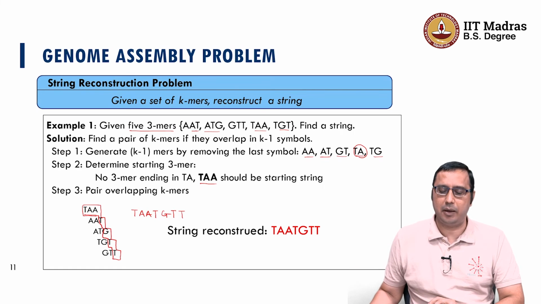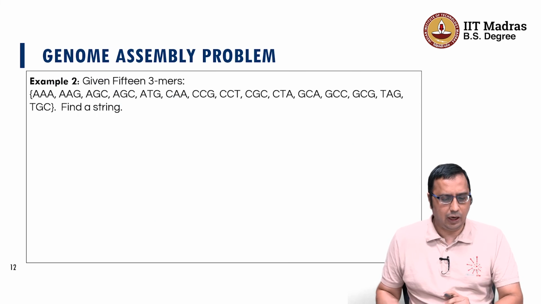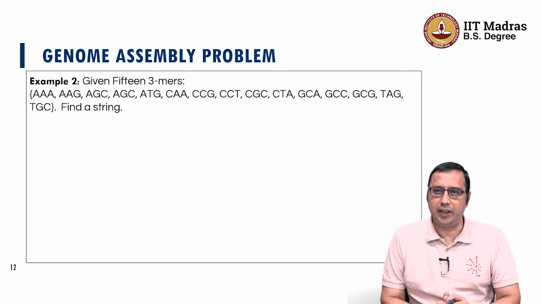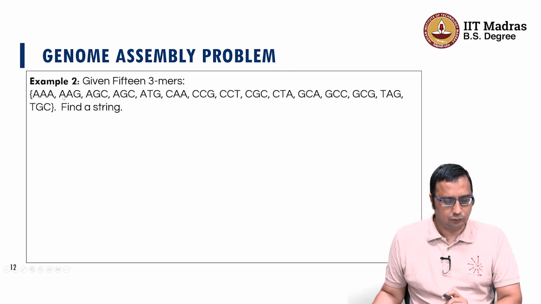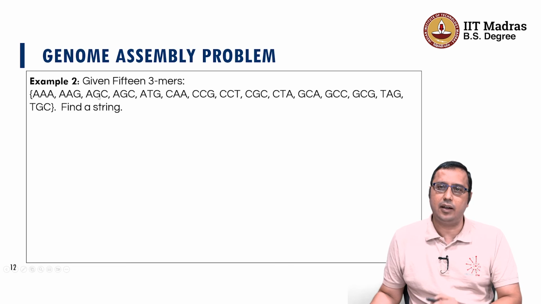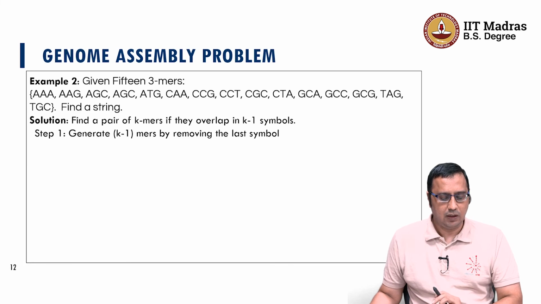Let's see another example. I have taken a bigger example with 15 three-mers, and you can count them. The objective is to find a string, same as in the previous example. What we are interested in is finding a pair of k-mers that overlap in k-1 symbols.